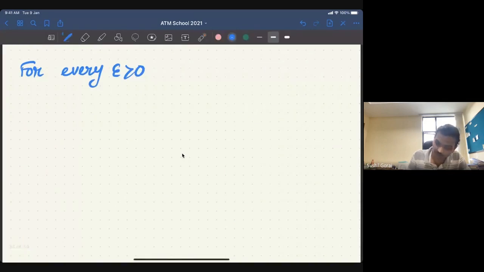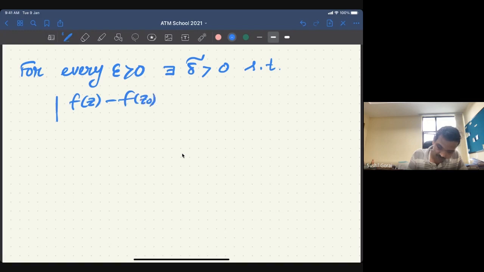So for every epsilon greater than 0, there exists, let's say, delta tilde. We can take delta tilde smaller than delta, such that mod of (f(z) minus f(z0)) by (z minus z0) minus f prime z0 is less than epsilon.